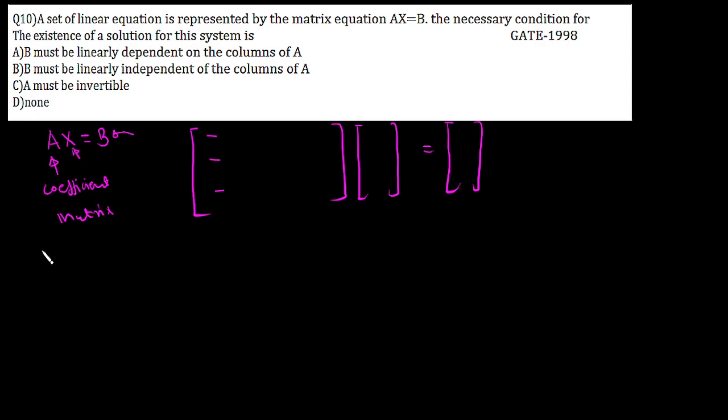Let's assume we have three variables x1, x2 and x3, and I have to write the coefficients of x2 of the three equations. Let's also assume we have three equations, and I have to write the coefficients of x3 here, and here I have to write the values present in the right hand side.